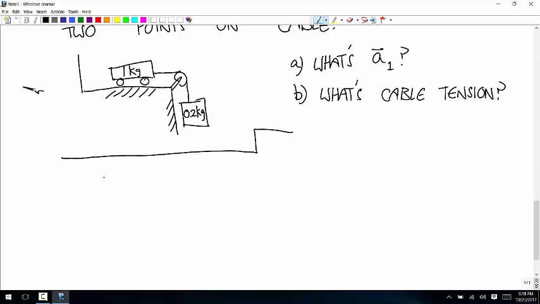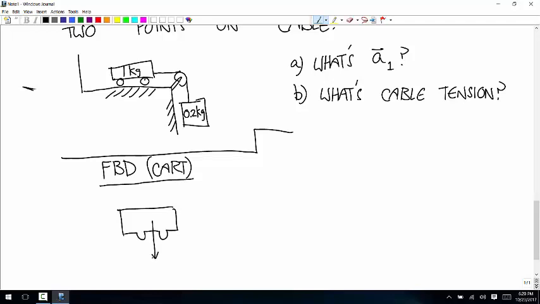All right, so we'll start with a free body diagram of the cart. There's a weight force going down. So that's 1 times 9.81, so 9.81 newtons.